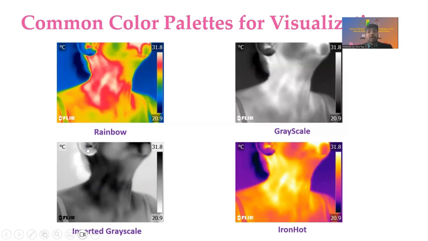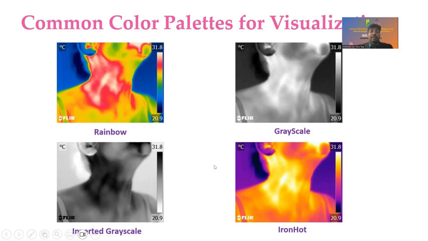These are the four commonly used color palettes for converting into thermal images. The rainbow color palette is very predominantly used because it can highlight the abnormal region properly. What happens is any temperature less than 20.9 in this scenario is assigned to blue or dark blue, and anything above 31.8 is assigned to white.